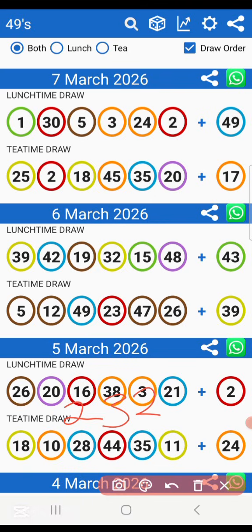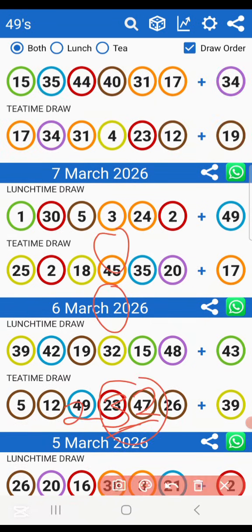If you focus on the first two digits, we have a 23 that came on tea time. And if you focus on the last two digits, we have a 32 that came on lunchtime. Now we move on to the next one.